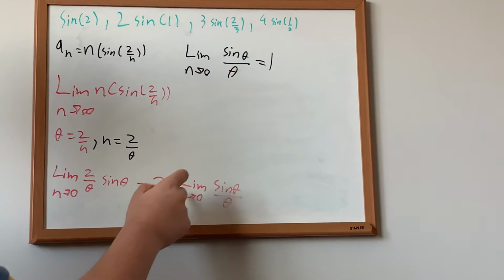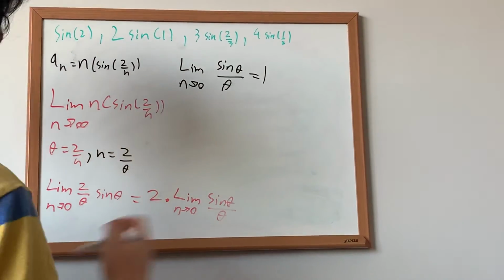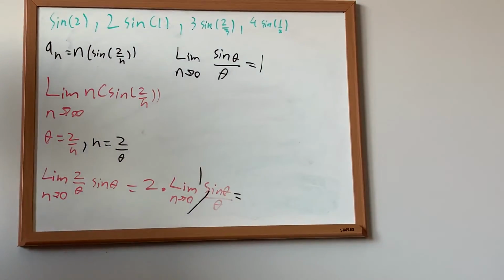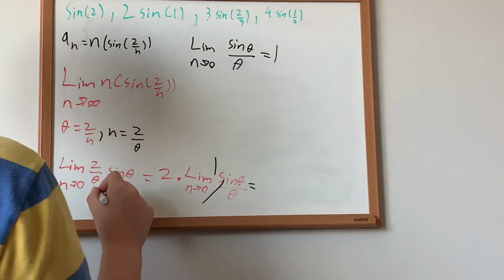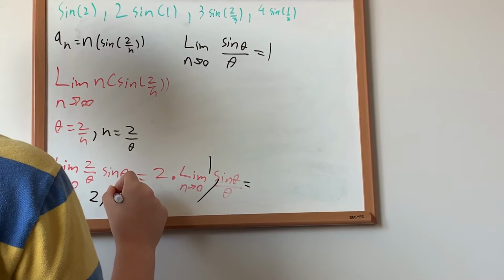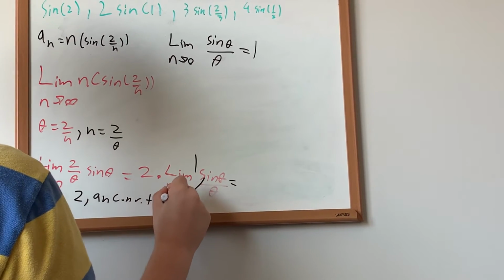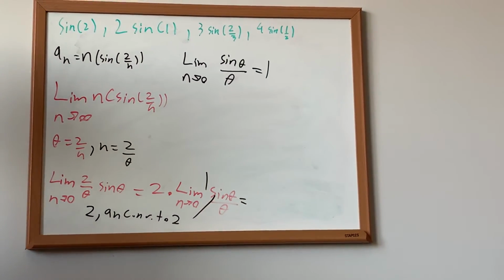Now the limit as theta approaches 0 of sine theta over theta, we said, is equal to 1. So the final value of the limit as n approaches infinity of a sub n is 2. So we can say that a sub n converges to 2.